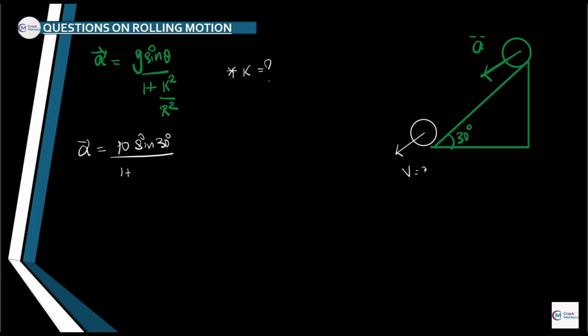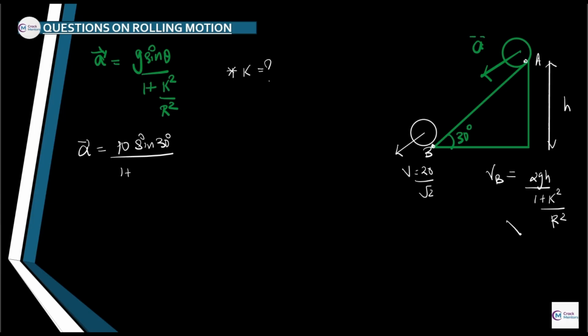It has velocity 20 upon root 2, which is the velocity when it reaches point B from point A, and we know the velocity at point B. If there is any height mentioned to us, assumed to be h, then the formula is v square equals 2gh upon 1 plus k square upon r square. This is the formula that we know.